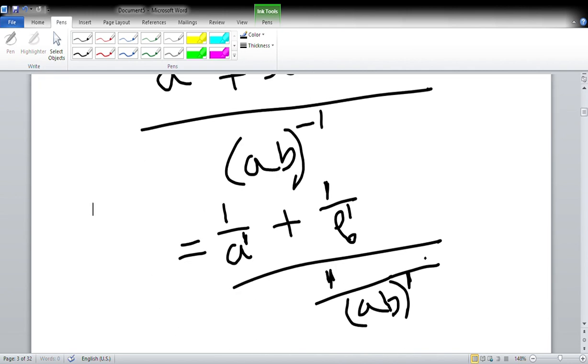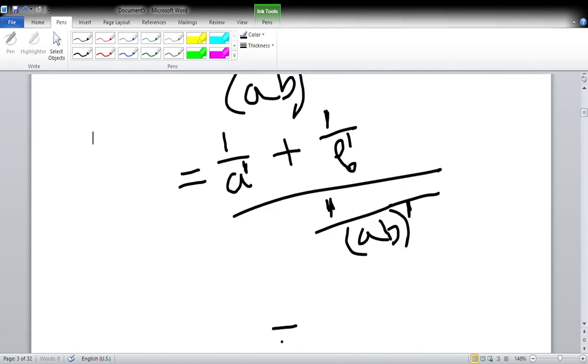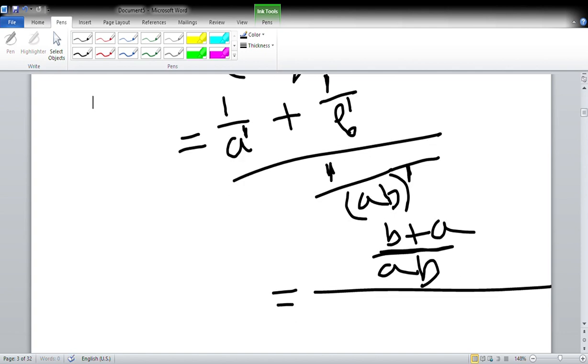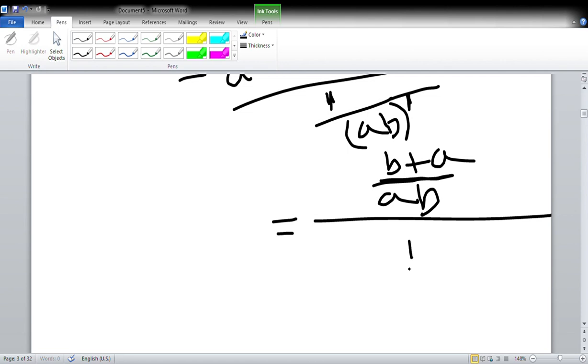So what is happening? A simple thing, you have to make an addition. So b plus a, multiplied by 1 by ab, that means b plus a, divided by 1 by ab.